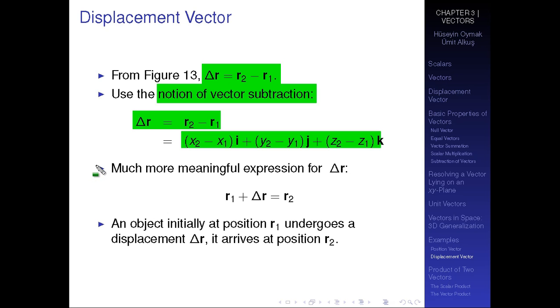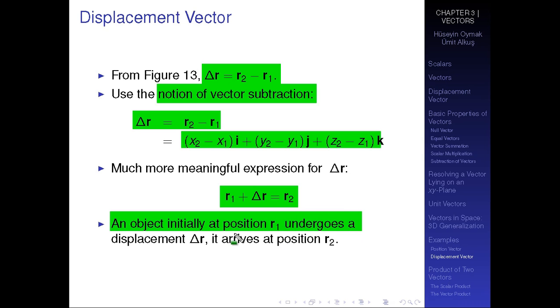Sometimes it is much more meaningful to view the displacement vector delta R through the relation R1 plus the displacement vector delta R equals R2. This relation has the plain interpretation that if an object initially at position R1 undergoes a displacement delta R, it arrives at position R2.